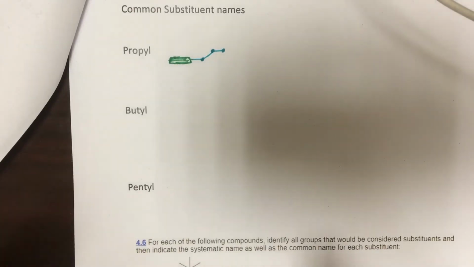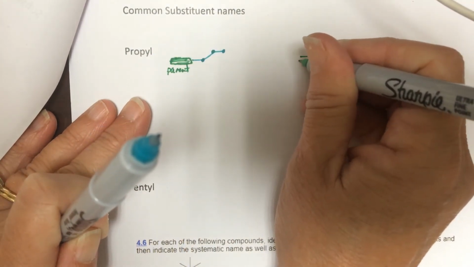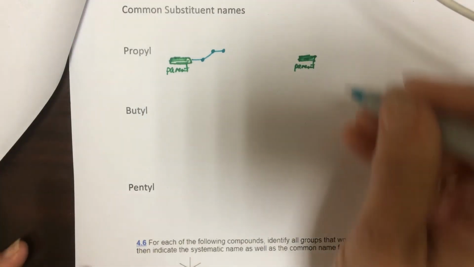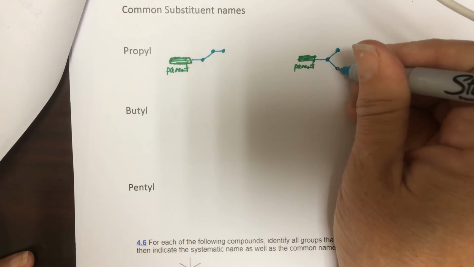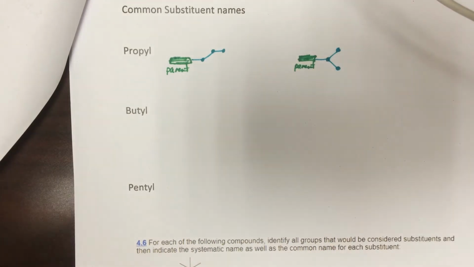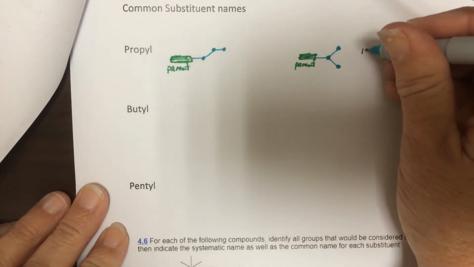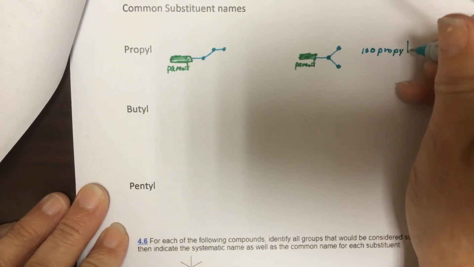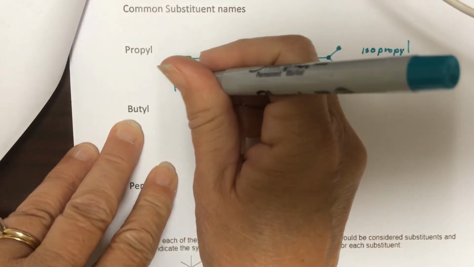But you can also, this is the parent, you can also have a propyl group that comes up. Here's 1, here's 2, here's 3. So you can make a little Y with it. So the common name for this branch is isopropyl. And the common name for this one is propyl.